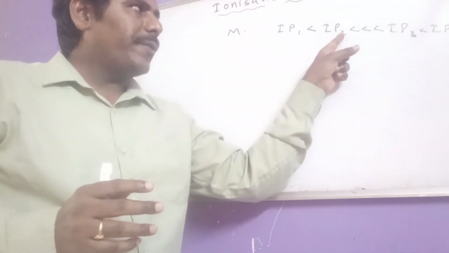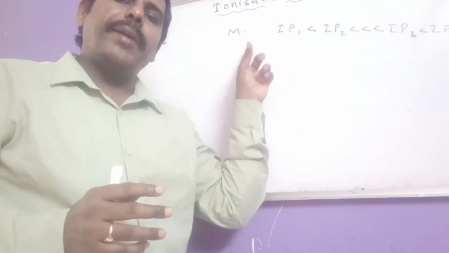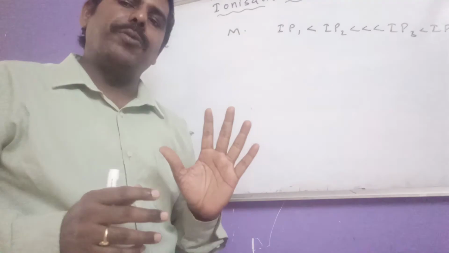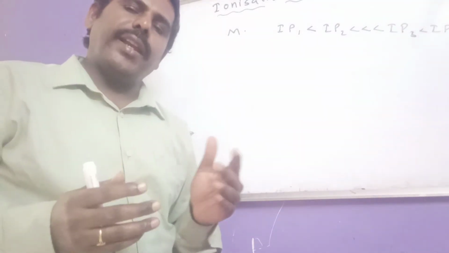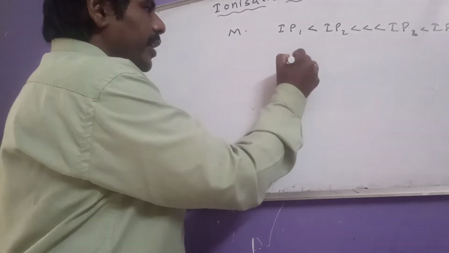That means after the second IP there is a large energy gap, so this element belongs to second A group. How can we say this? Let us consider a second group element, magnesium.